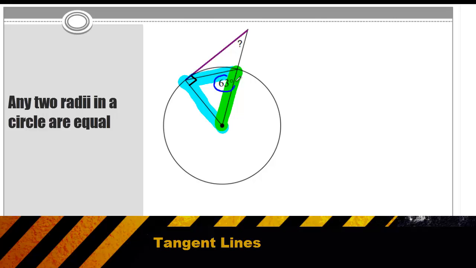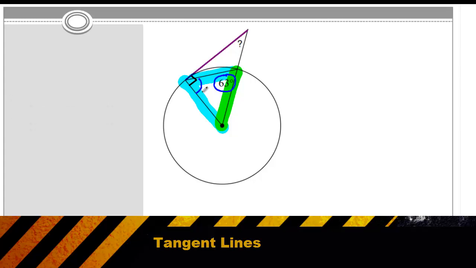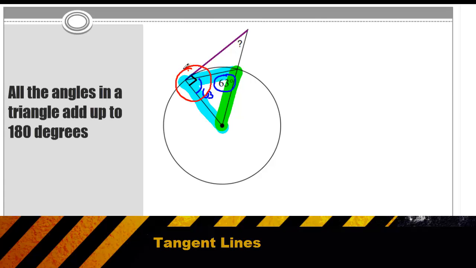So if this angle is 63 degrees, that means my other angle is also 63 degrees. And because the overall angle created by my tangent line is 90 degrees, I know my smaller inside angle must be equal to 27 degrees. Additionally, I can see that on my right-hand side I have two angles that create a straight line.